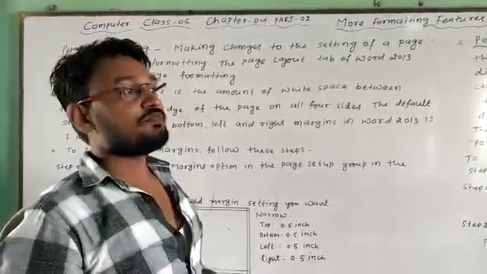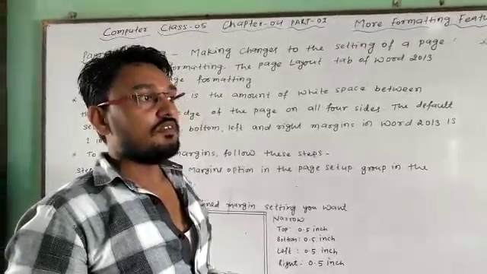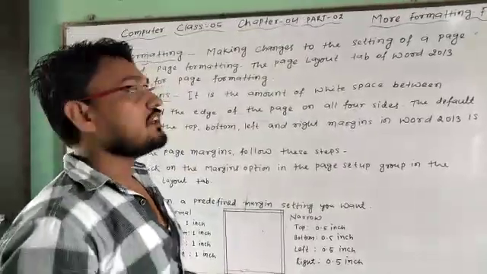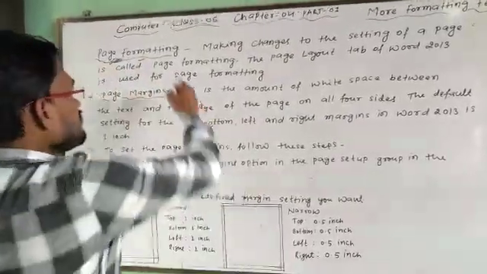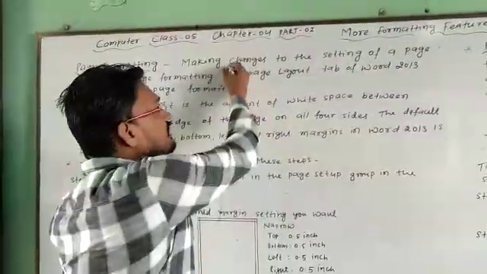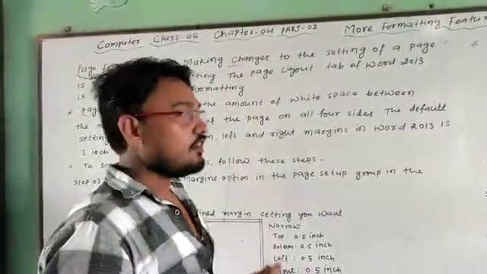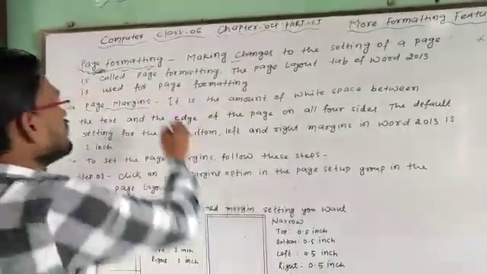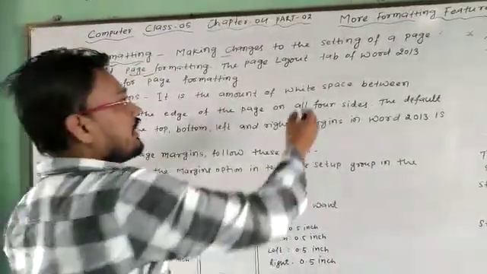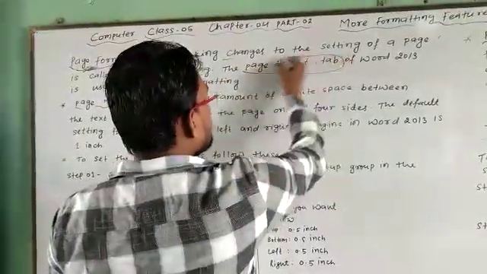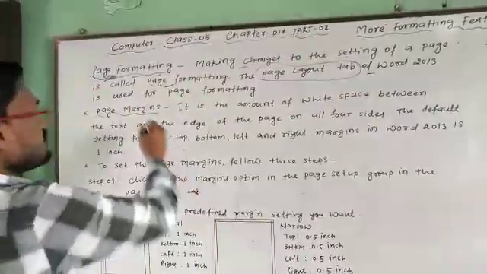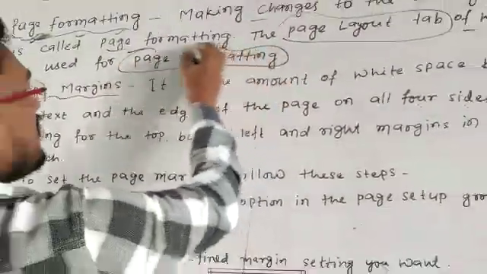So students, if we use any document, first we set the page formatting. Page formatting means making changes to the settings of a page. The Page Layout tab of MS Word 2013 is used for page formatting.